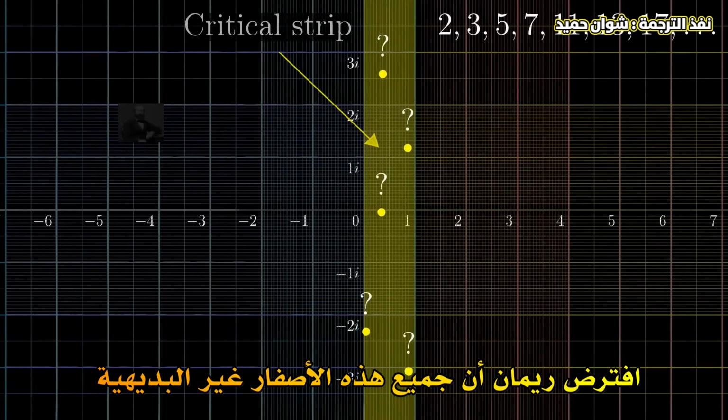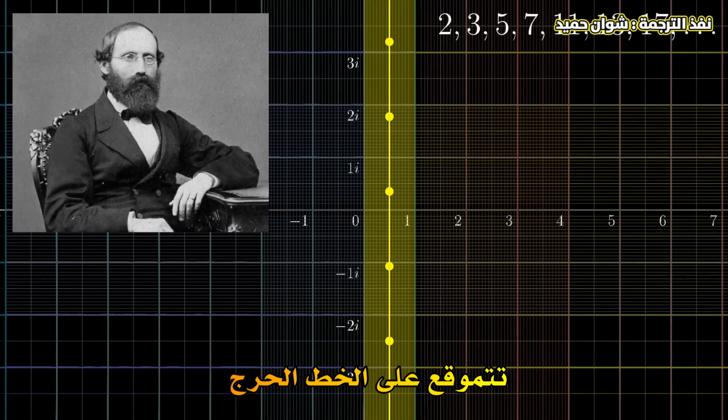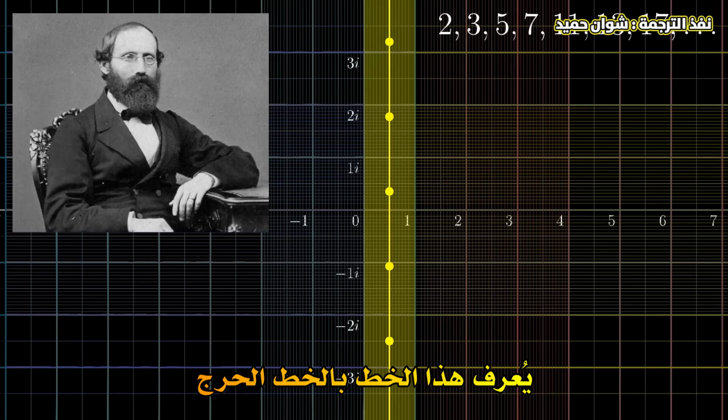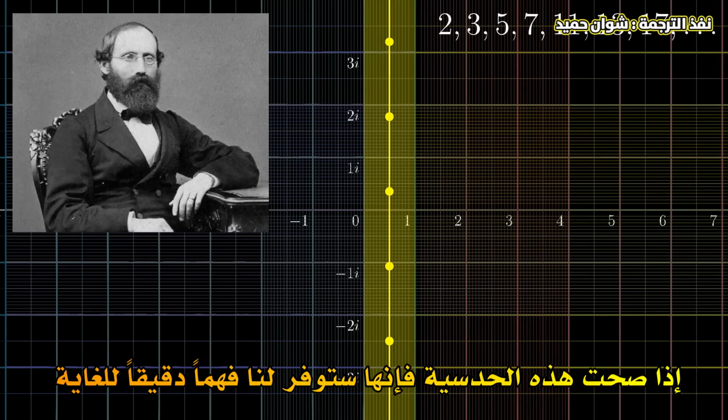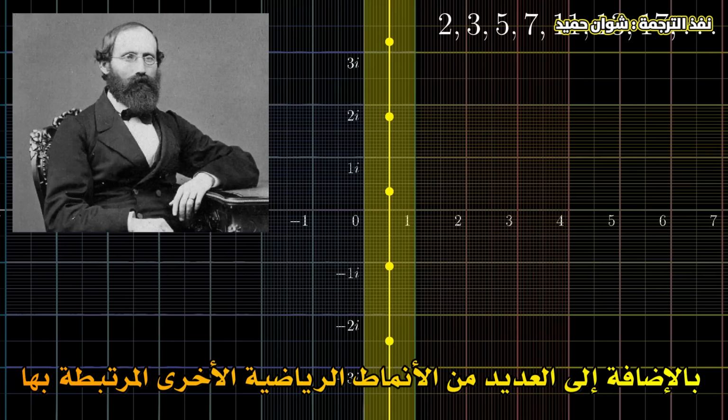Riemann hypothesized that all of these non-trivial zeros sit right in the middle of the strip, on the line of numbers s whose real part is 1/2. This is called the critical line. If that's true, it gives us a remarkably tight grasp on the pattern of prime numbers, as well as many other patterns in math that stem from this.